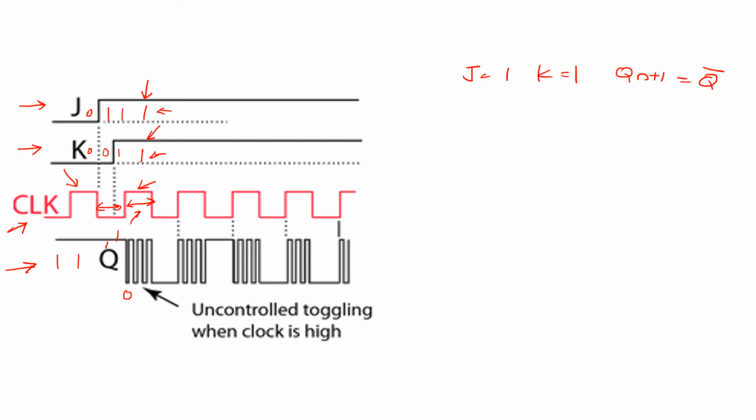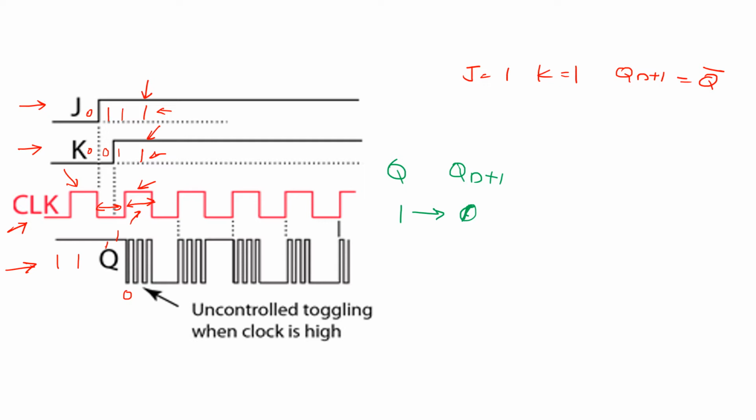That means your output Qn+1, which initially changed from 1 to 0, is now 0, and the clock signal is still there with inputs 1 1.